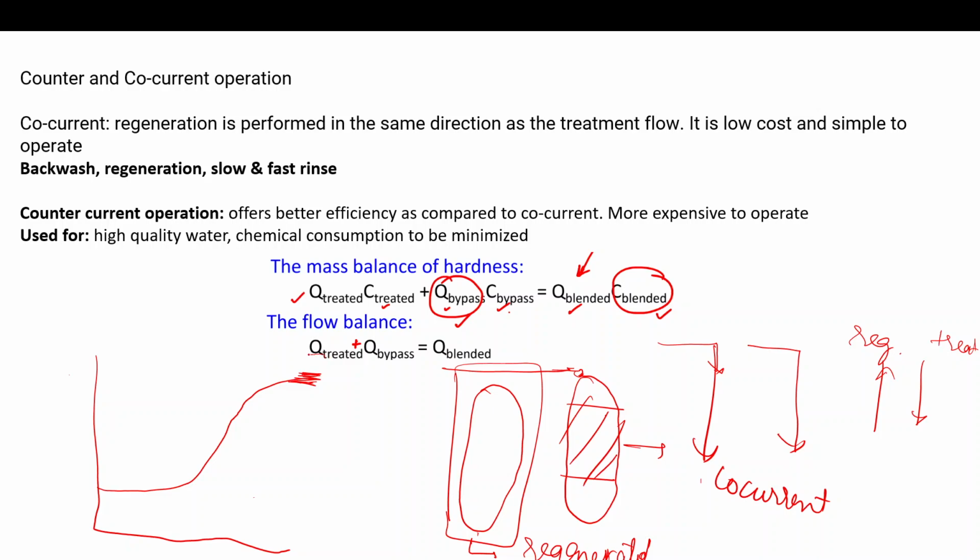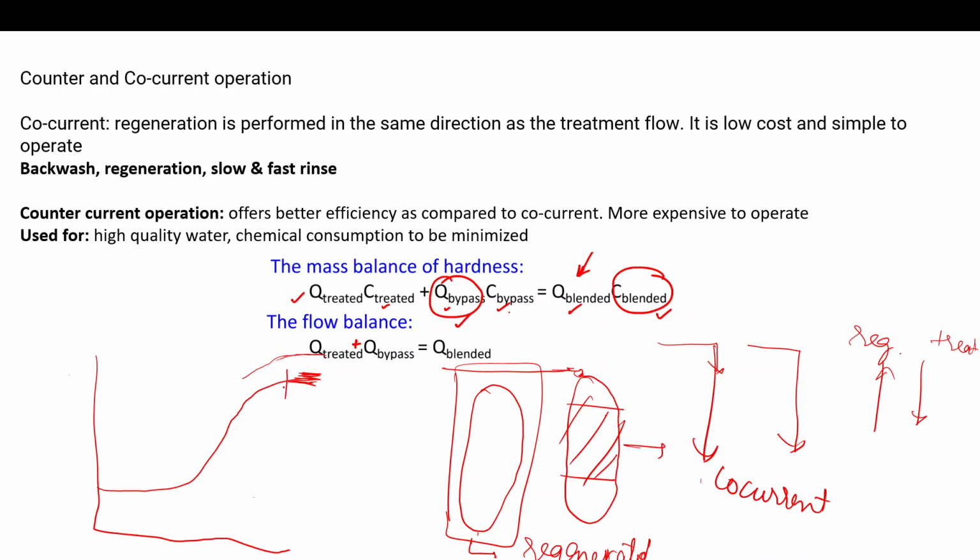If you are giving regeneration from the other end, there are chances that maximum interaction happens. In this mode, you will be contacting the least utilized region with the maximum available exchange possible, right?